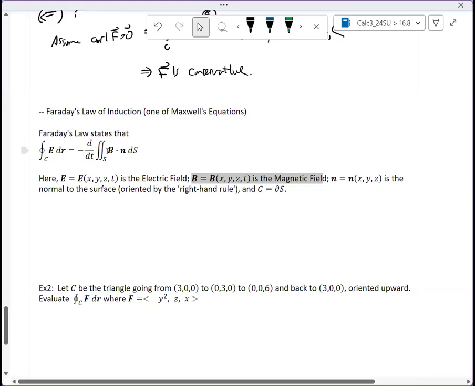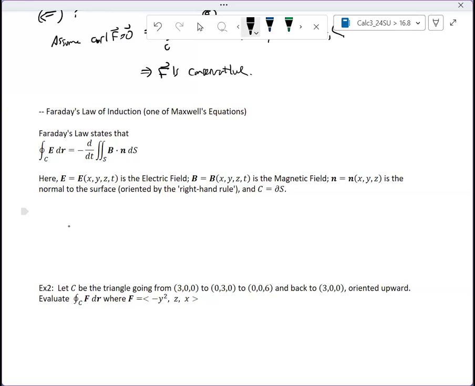So this surface integral, once completed, will still be a function of t. And then we take negative d dt of that function of t. Importantly, C is the boundary of S here.